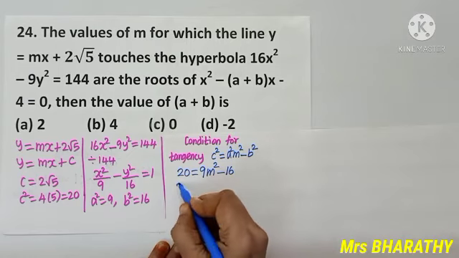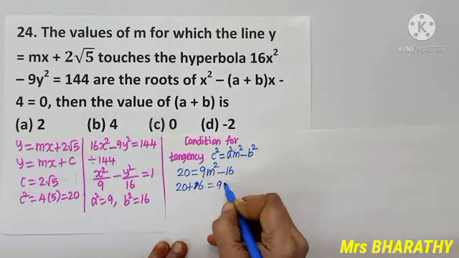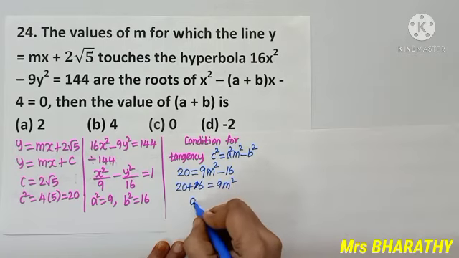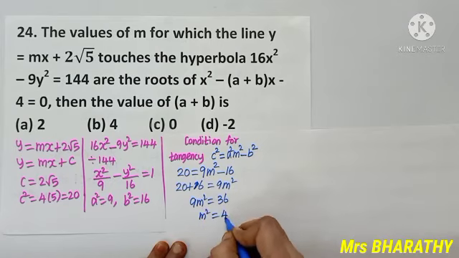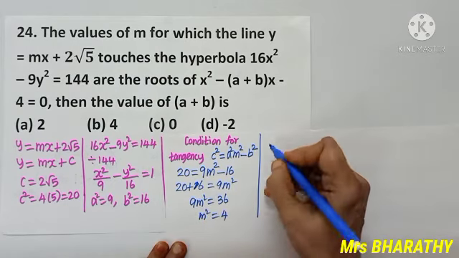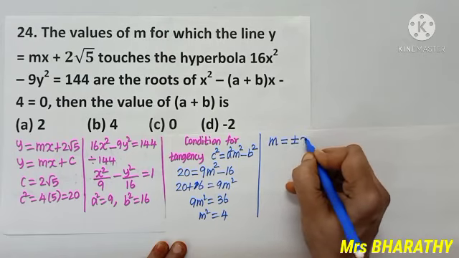Taking 16 to the other side, it is 20 plus 16, that is 9m square. 9m square is 36 or m square is 4. As I simplify, I get m is equal to plus or minus 2.